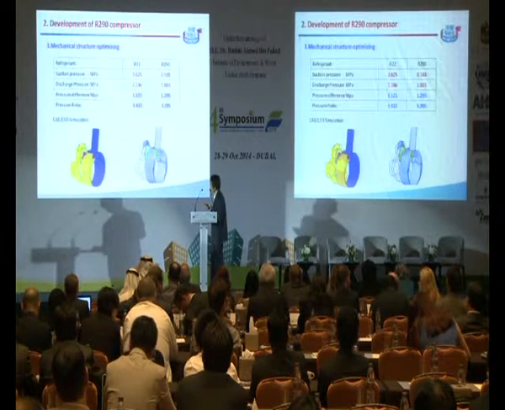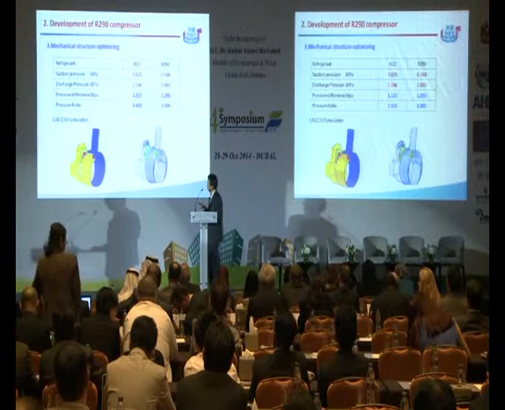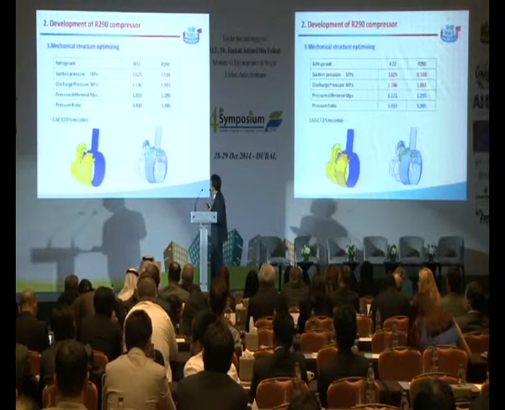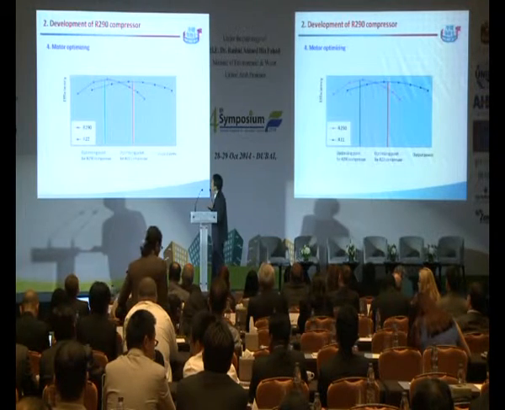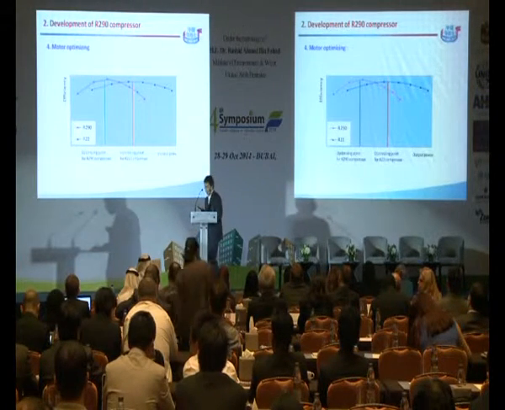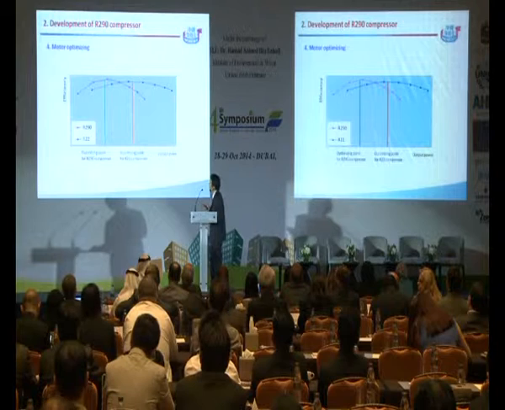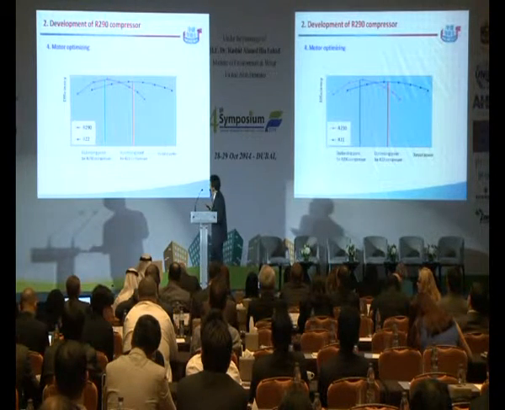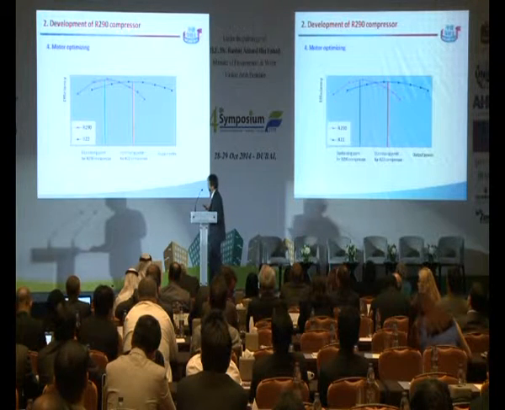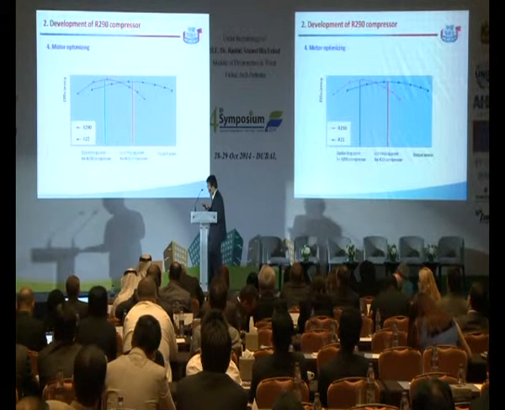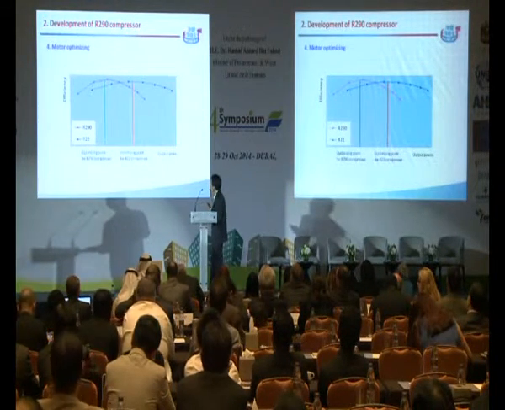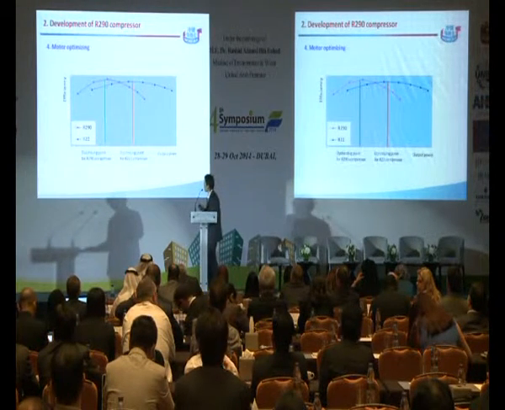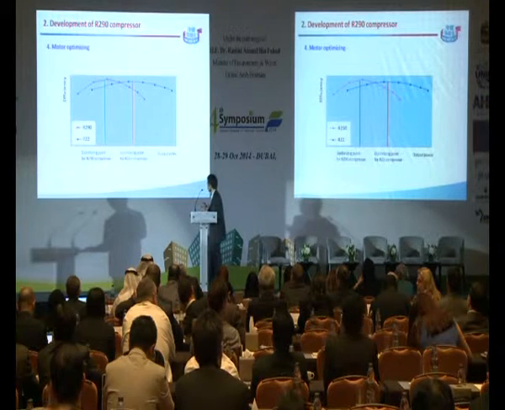Here we use CAE and CFD simulation to make the optimization. Usually the R290 compressor is developed based on the R22 compressor.